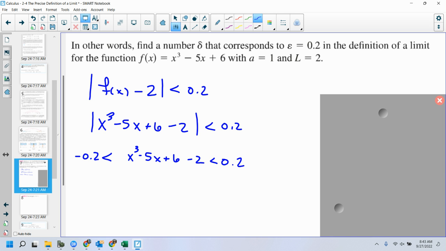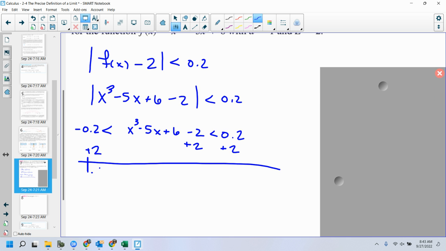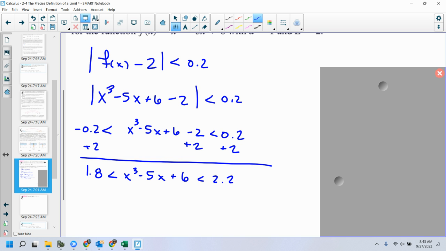On the left side, we have the negative version of that number, and on the right side, the positive version. The reason I'm not simplifying is that it's beneficial to see where we would add 2 for this compound inequality, giving 1.8 and 2.2. That's mathematically what I'm looking at here.